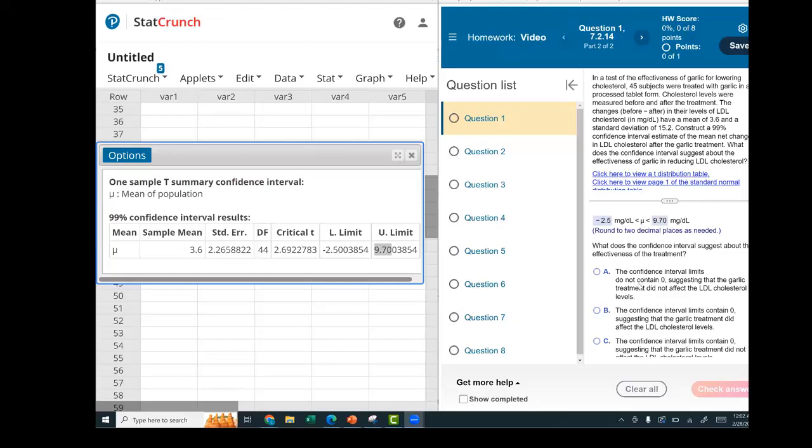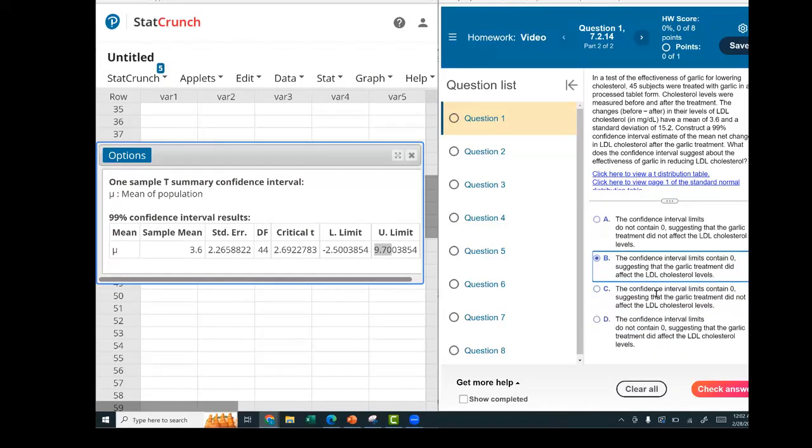So that's not true. The confidence interval limits contain 0, suggesting that the garlic treatment did affect the LDL cholesterol levels. All right, so far that's best. The confidence interval limits contain 0, suggesting that the garlic treatment did not. That is the actual correct answer.